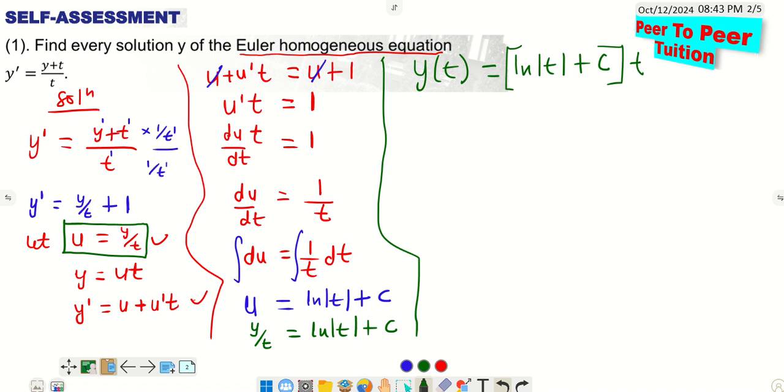Now let us simplify this further. So to simplify it, I have y of t should be equal to t ln t plus ct.